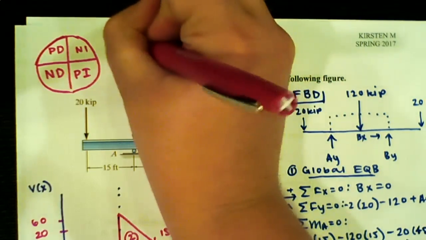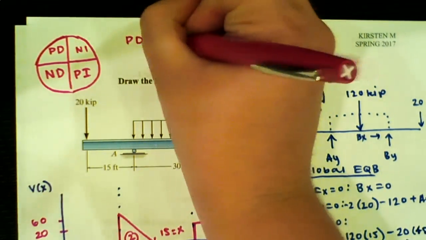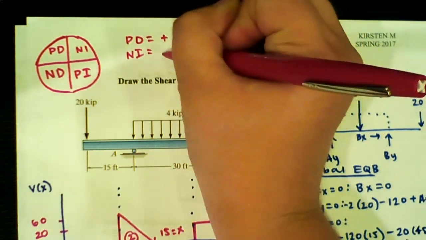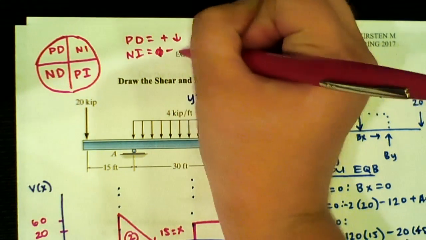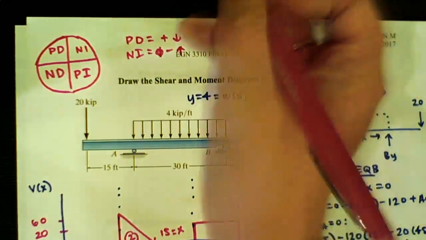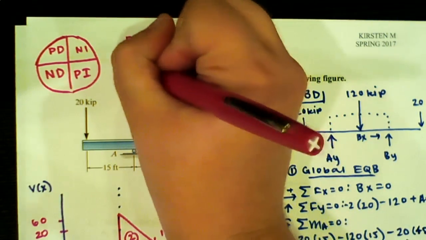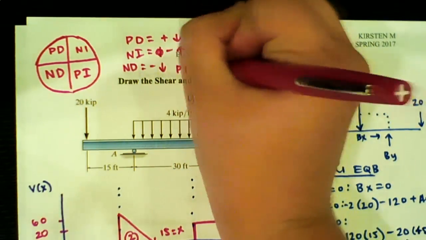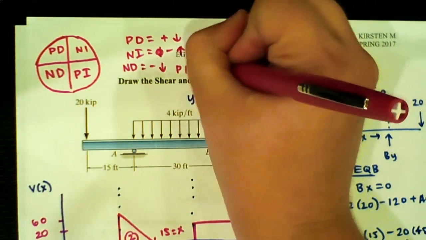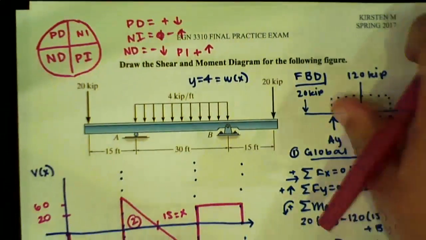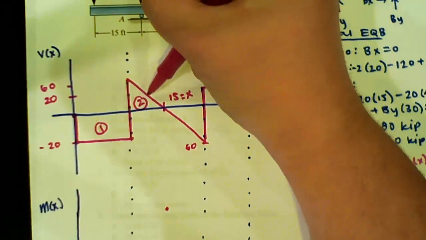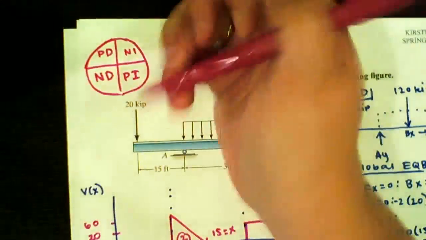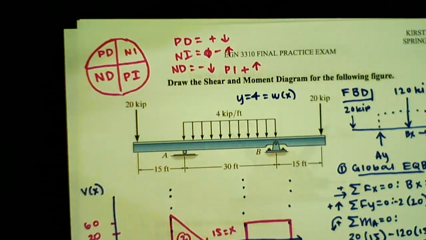The PD stands for positive decreasing, the NI is negative increasing, the ND is negative decreasing, and the PI is positive increasing. So if you look at the area of our shear, it's positive and it's decreasing, so it's going to look like that side of the circle right there.